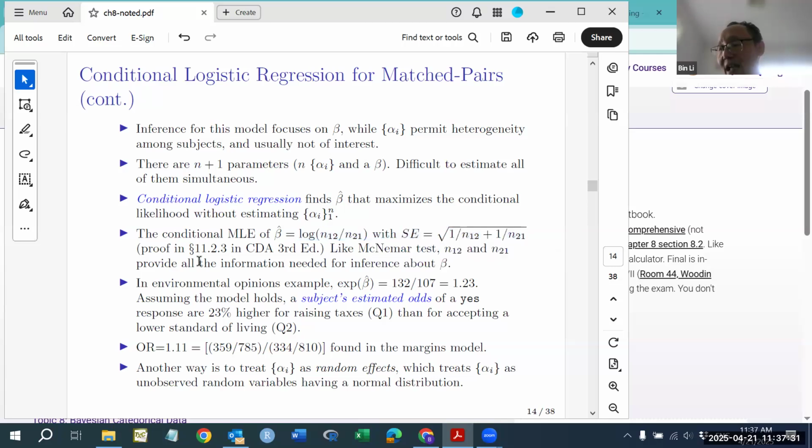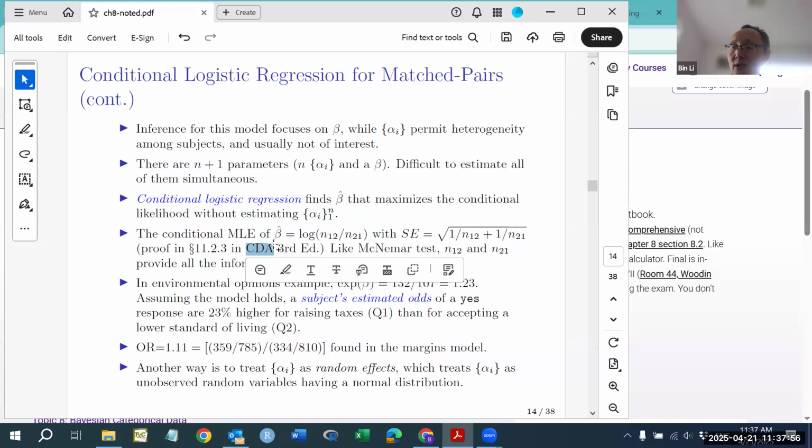And the proof actually is not difficult. If you are interested in the proof, why this is this one, you can look at Categorical Data Analysis, third edition, in section 11.2.3. This is a different book from our textbook. Our textbook is Introduction to Categorical Data Analysis. But this is Categorical Data Analysis, by the same author.